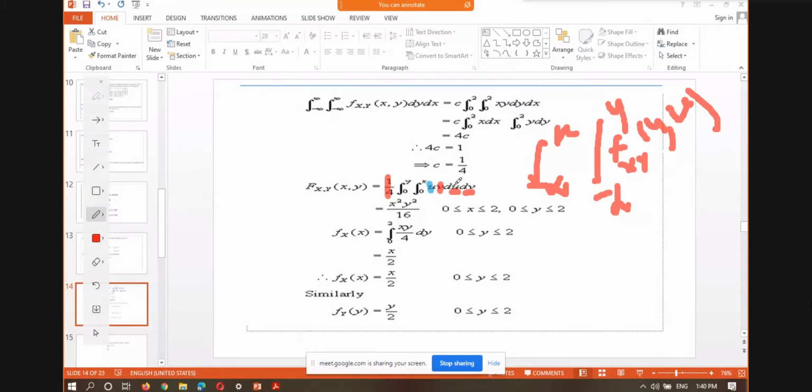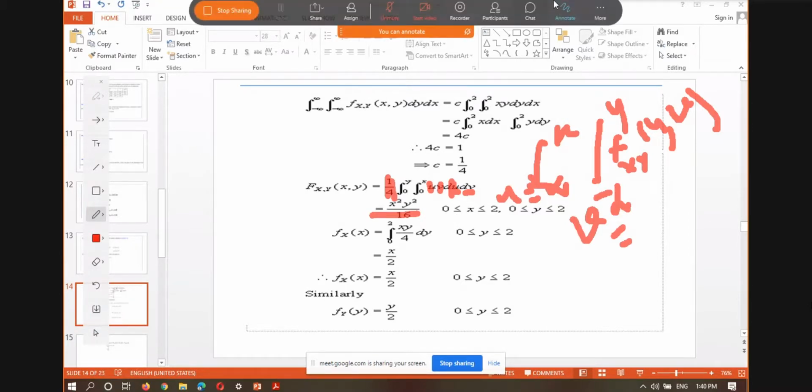The integration of u with respect to du gives u square by 2, and when you substitute the limits, since it is 0 to x, you will get x square by 2. Similarly, you will get y square by 2, and 1 by 4 is outside.